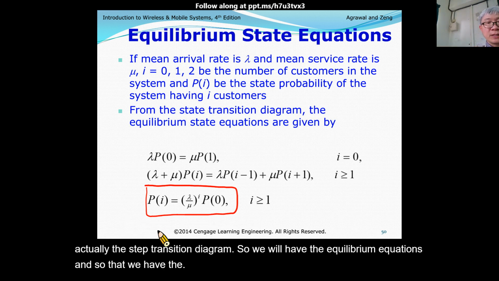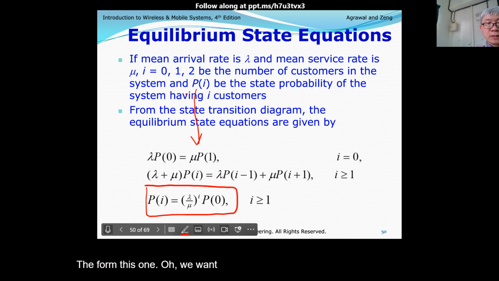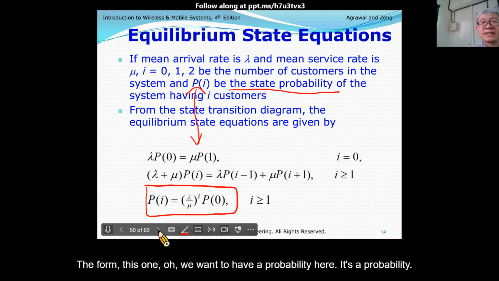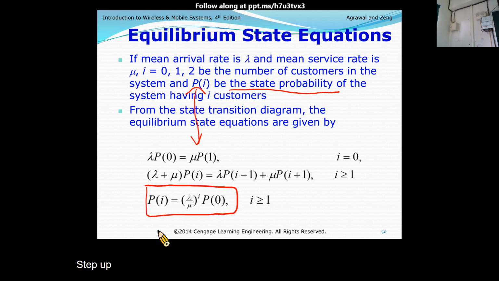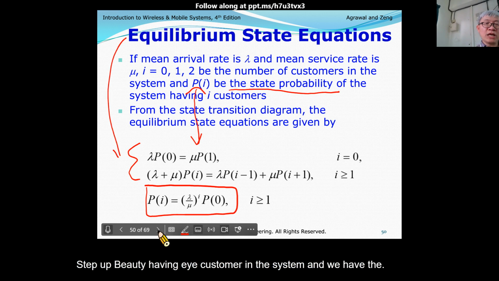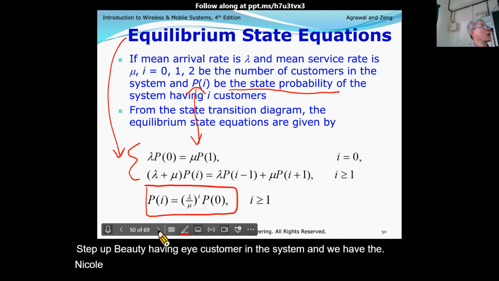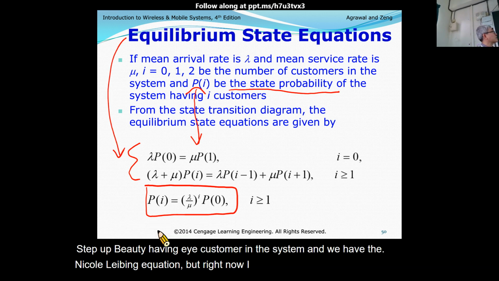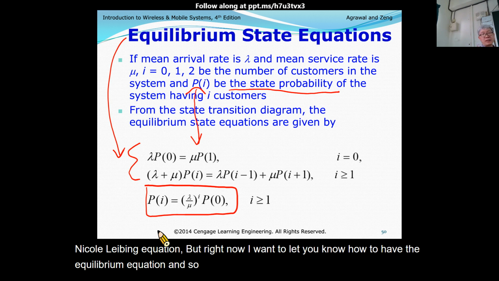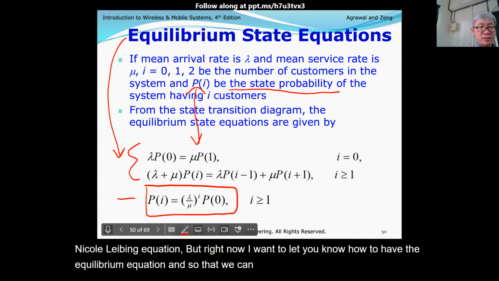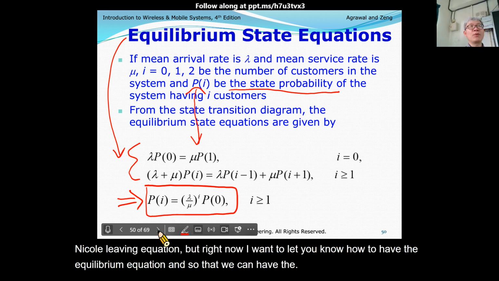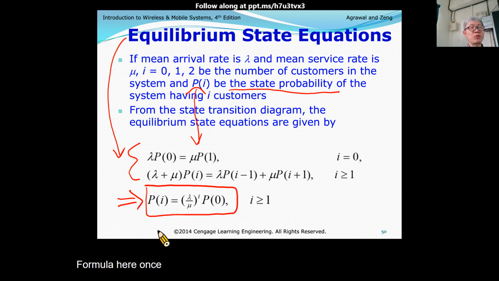It's a step probability, having i customers in the system, and we have the equilibrium equation. But right now, I want to let you know how to derive the equilibrium equation, so that we can have the formula here. Once we have the formula, then we can derive the results.